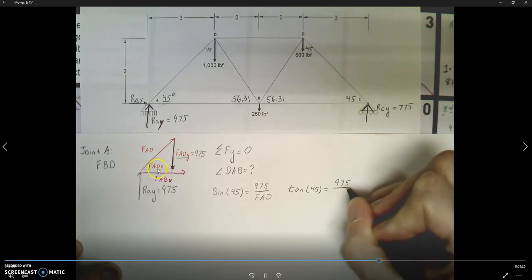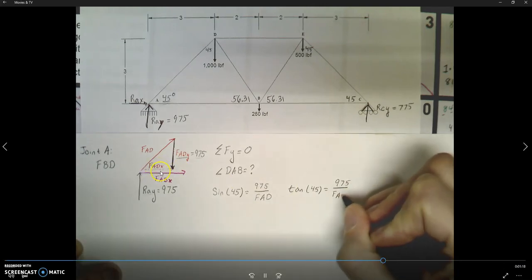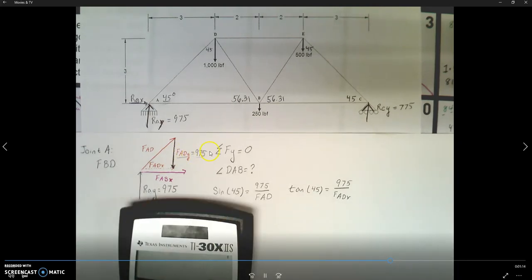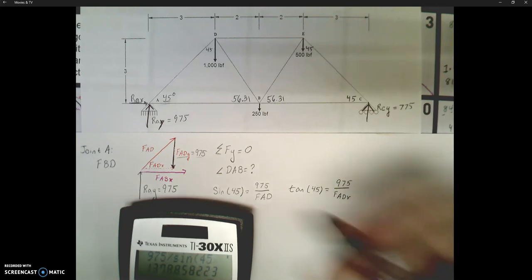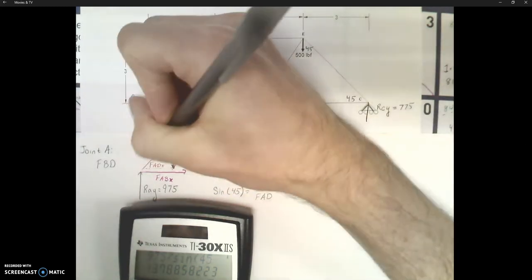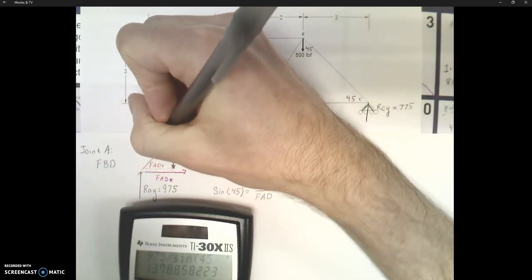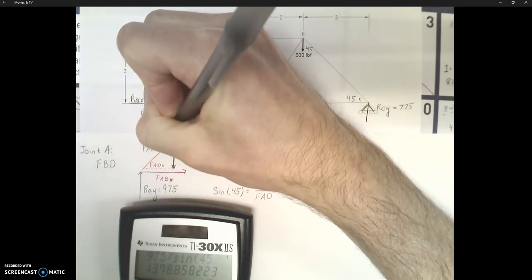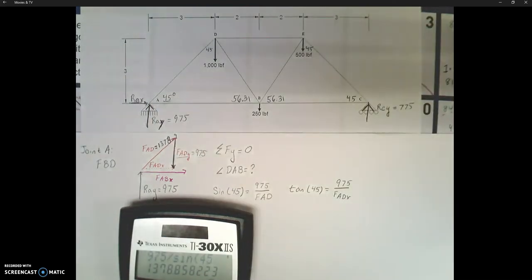Tangent, because ADX is adjacent to this angle, and we know our opposite, so opposite over adjacent gives us tangent. So the sine of 45 equals 975 over the hypotenuse, the force of AD. That gives us the force of member AD is 1378.73. I guess we can round that up to 9 if we need to.